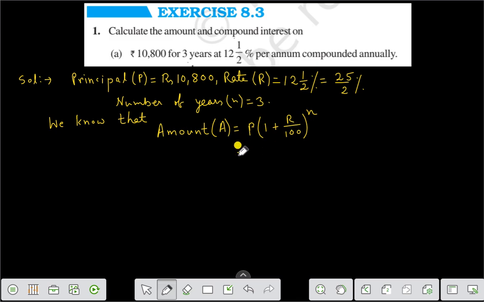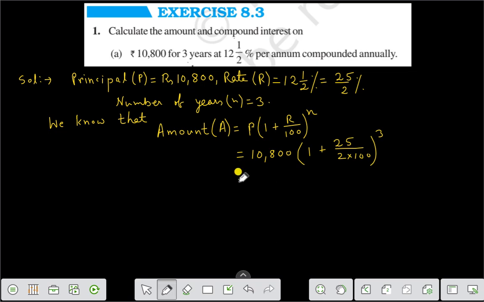Therefore, we are getting P is 10,800, that is principal. 1 plus R is 25 by 2, divided by 100, that is 1 plus 25 by 2 into 100, to the power n is 3.